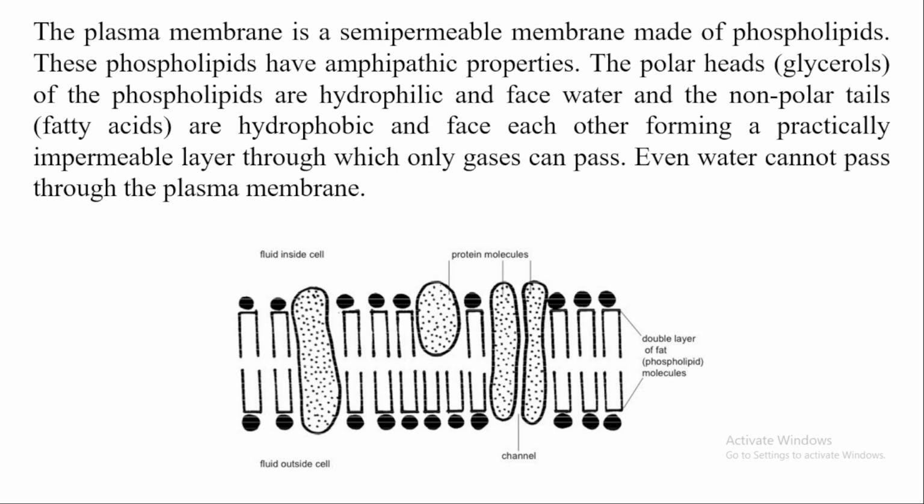So a plasma membrane, it's a semi-permeable membrane made of phospholipids, and these phospholipids have amphipathic properties. So what do you mean by amphipathic properties? It has both hydrophilic and hydrophobic properties in the same part.